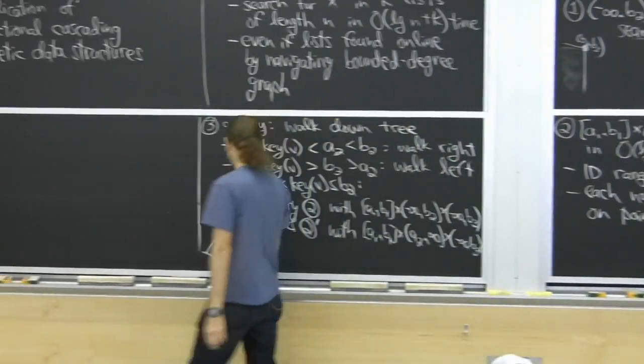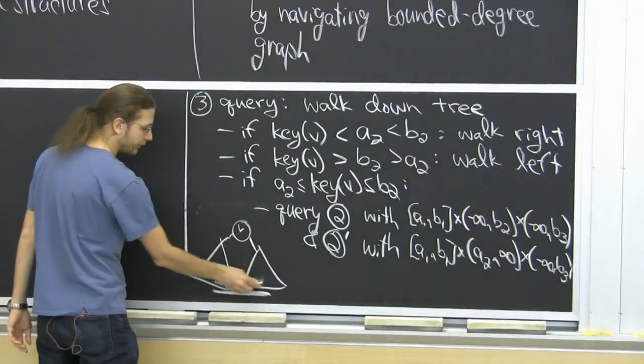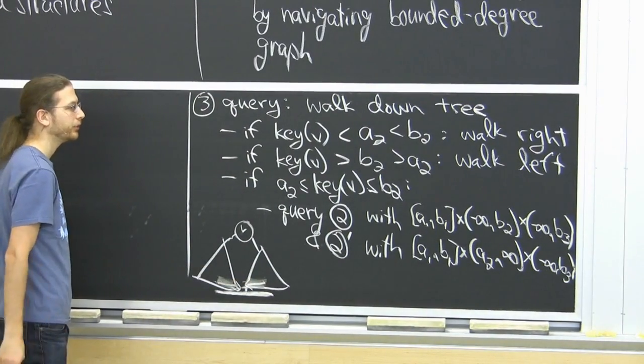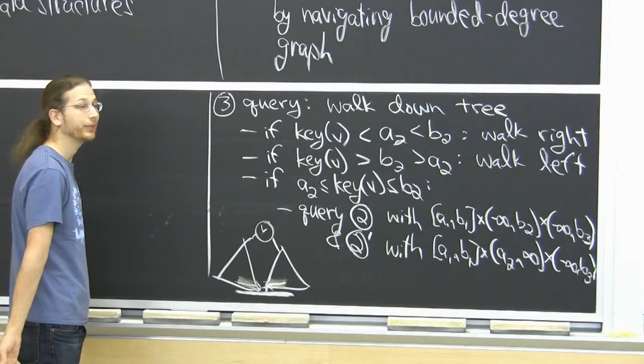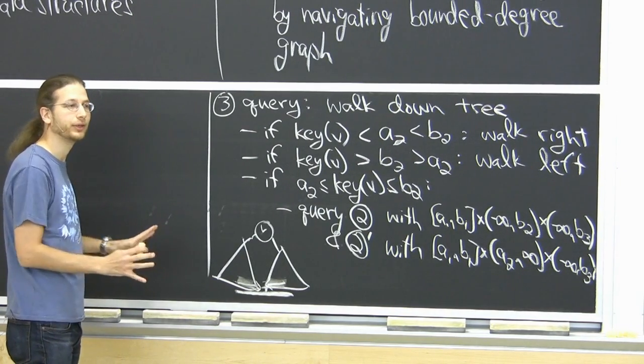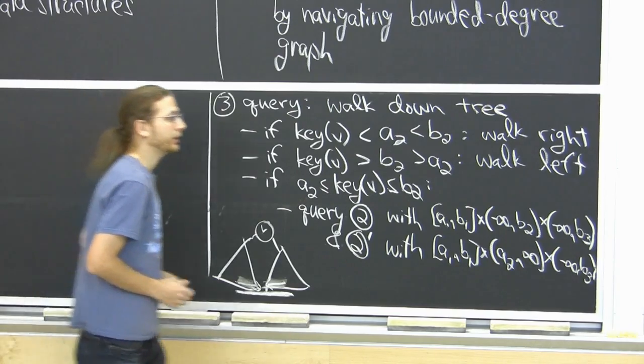Actually, we only need to do a rightward infinity search and a leftward infinity search. So that is data structure 3. And it's really easy.